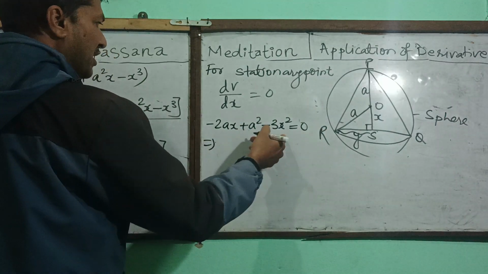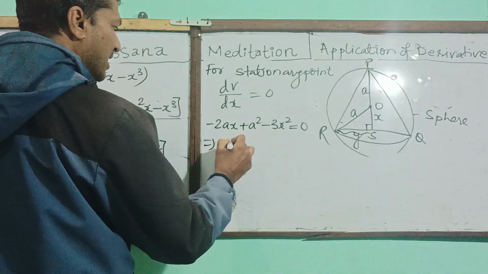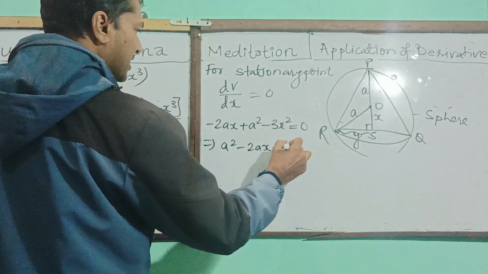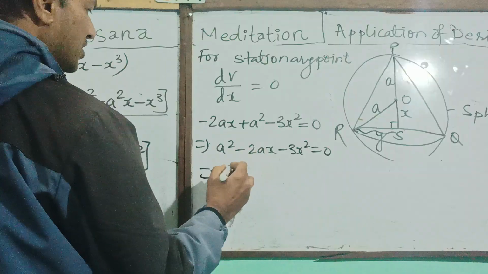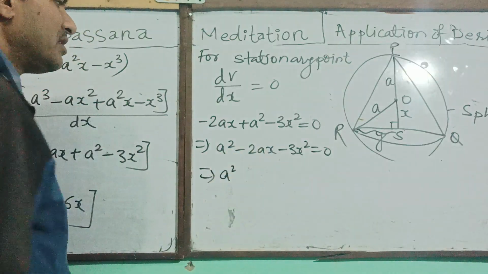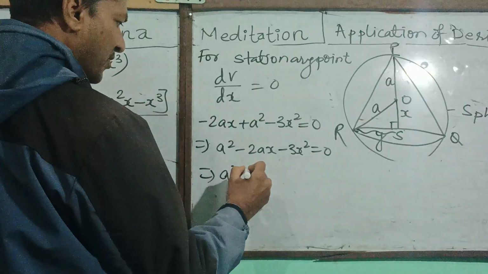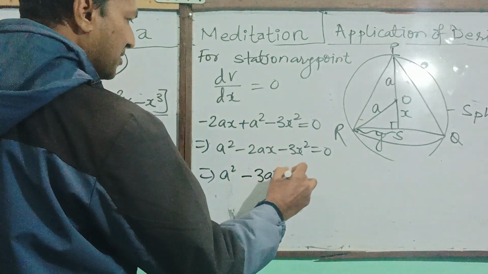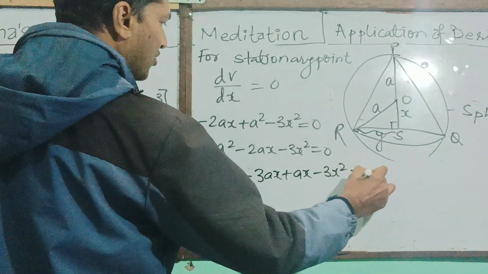So simplify this one, we can get this as a square minus 2ax minus 3x square is equal to 0. So factorize this one, 2, 3. So this is a square, 3x square is coming. So this is minus 3ax plus ax minus 3x square is equal to 0.